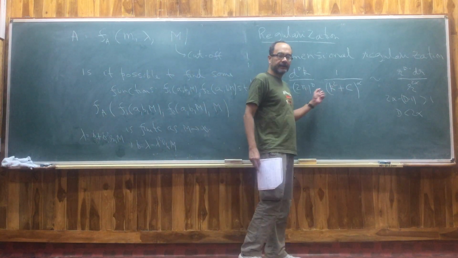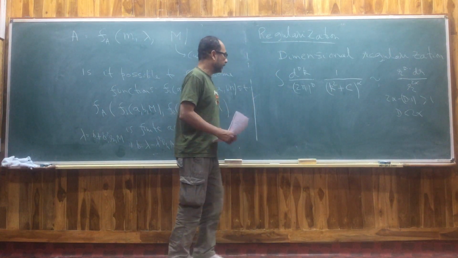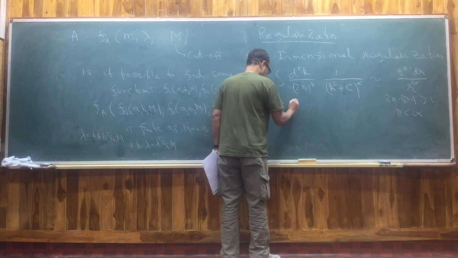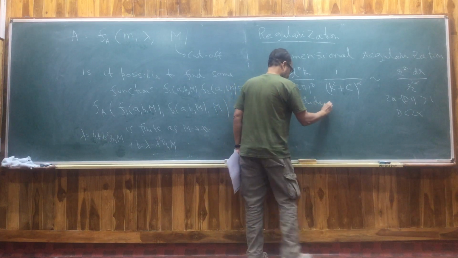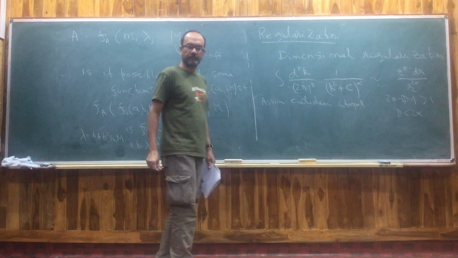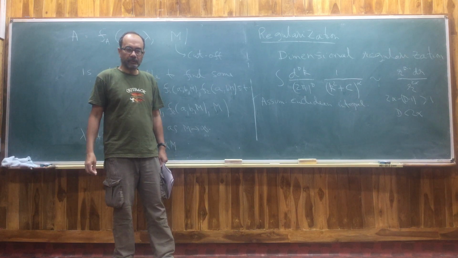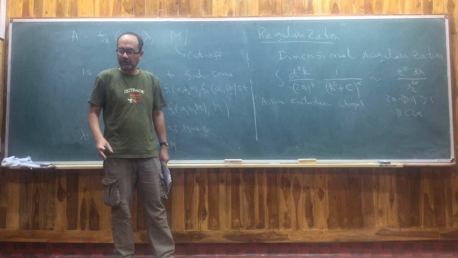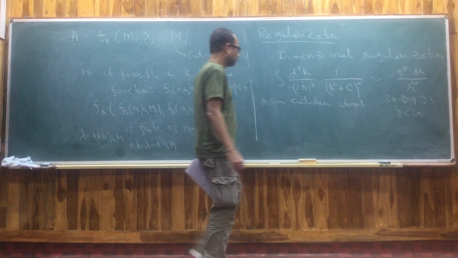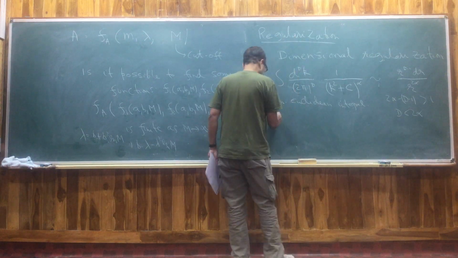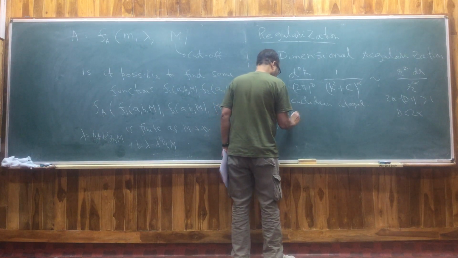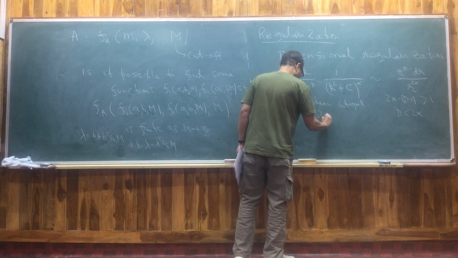So how do we do this integral? Let's assume that this is Euclidean. This you can always assume because you can always make the Wick rotation and perform the integral in Euclidean space. Then this integral can be written as the integral from 0 to infinity of r to the power d minus 1 dr, times Omega d minus 1.